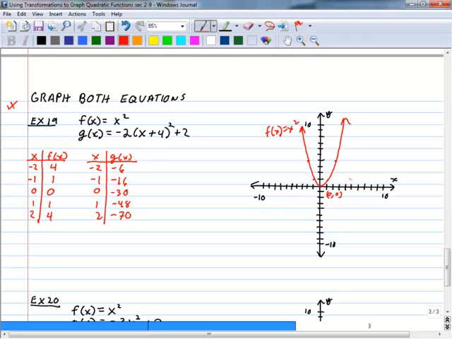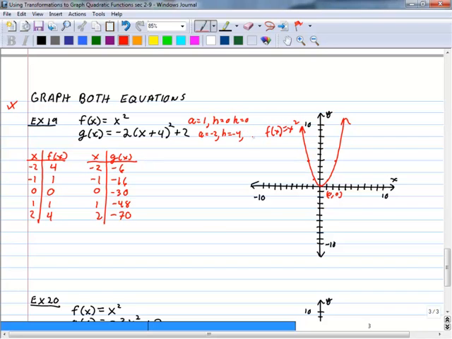And so before we do, let's review a couple tricks here. First off, let's find out what the h, a, and k values are for f of x. a is 1, h is 0, and k is 0. Let's do the same thing for g of x. Well, a is -2 here, h is -4, and k is 2.